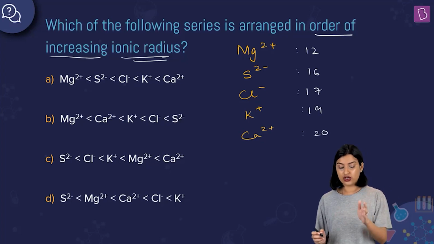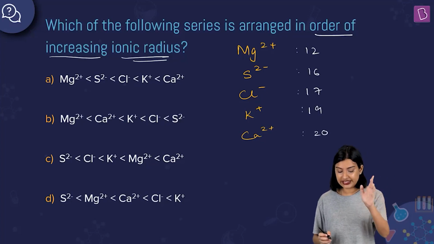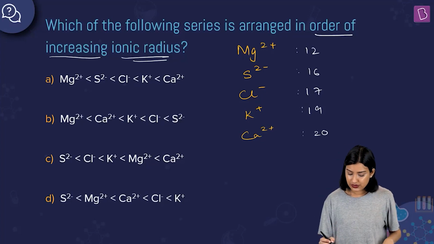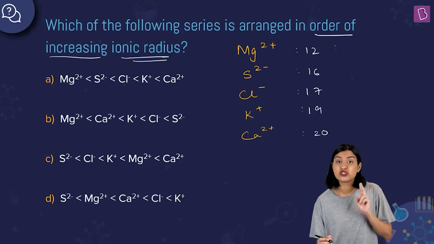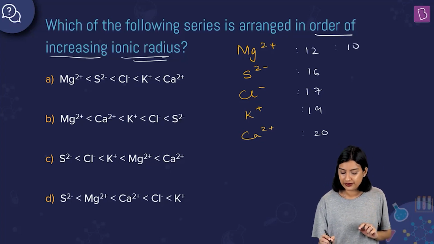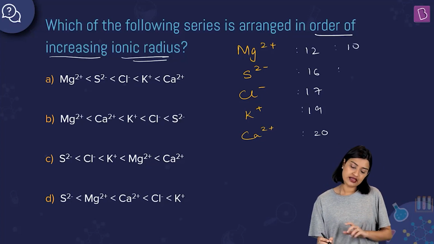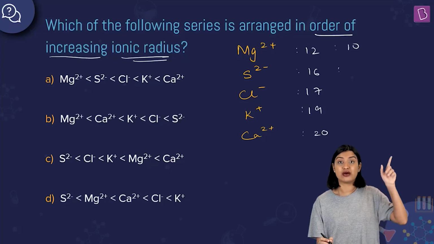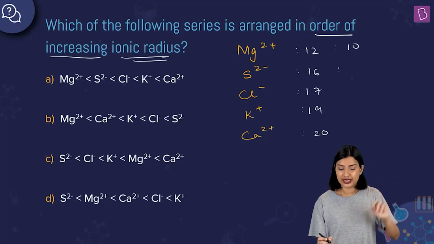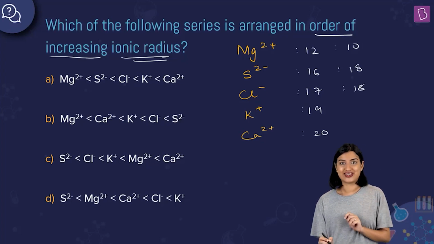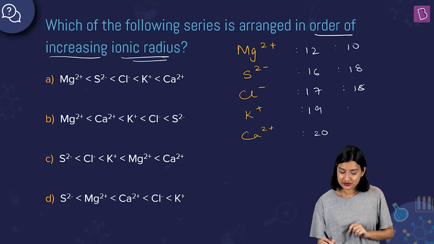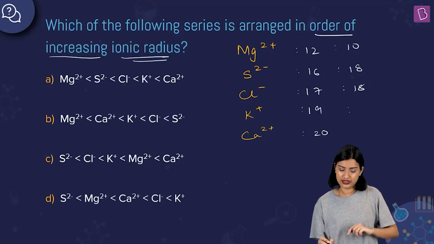Now let's talk about the number of electrons in each of these ions. Magnesium 2+ means 2 electrons are kicked out, so here you have 10 electrons. S2-, you have 16 plus 2 electrons, so this will be 18. Chloride, plus 1 electron, so 18. K plus, 19 minus 1 is also 18.